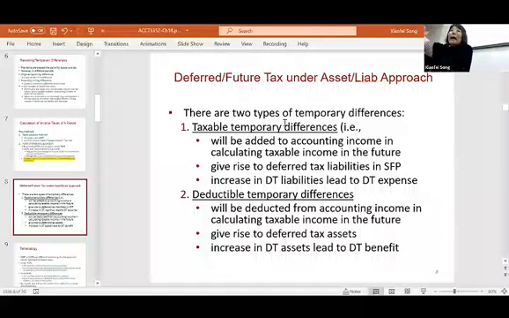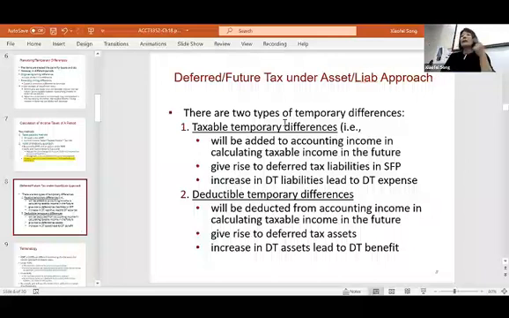So in the future, the taxable income will be more than accounting income. That is very intuitive, because if future taxable income is more than accounting income, that means I will need to pay more tax in the future. That's deferred tax liability.